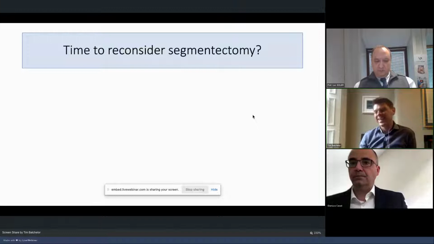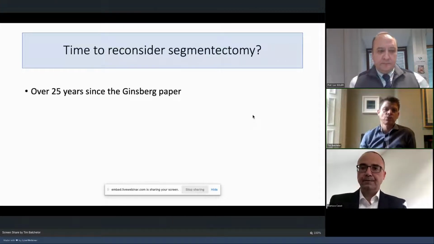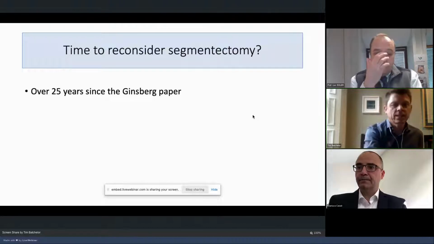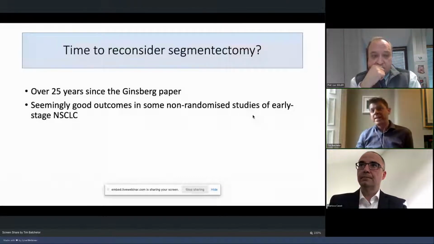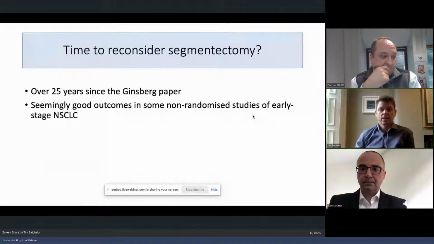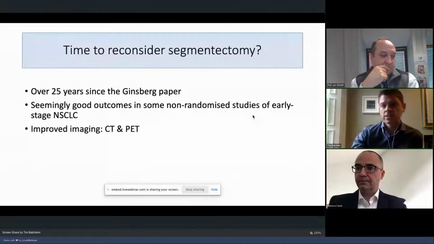So is it time to reconsider our attitudes to segmentectomy? Because after all, it's over 25 years since the Ginsberg paper came out. We seemingly have good outcomes in some of the non-randomized studies for early stage lung cancer, if you pick the right studies.